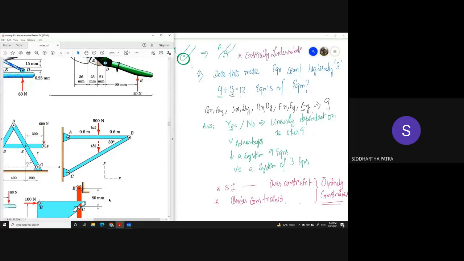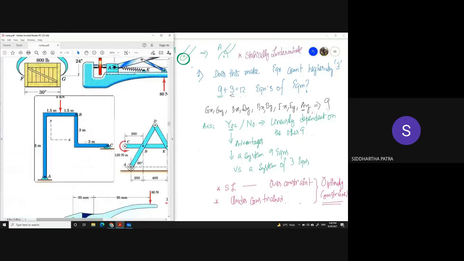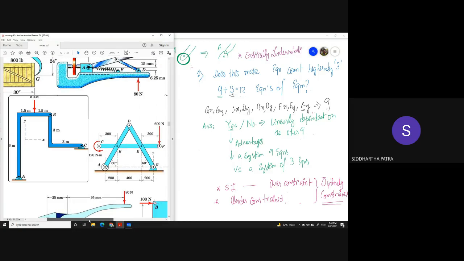Much like this structure on the left, there also both the joints A and C are pin joints, and you are receiving 4 unknowns or 4 reaction forces from these 2. And also the first problem that we solved on frames also had 2 pin joints applied to the structure.